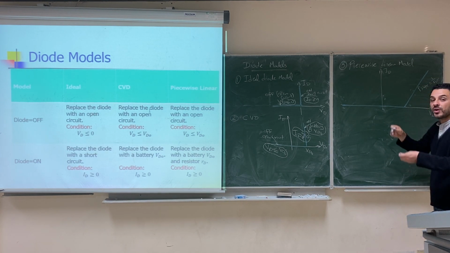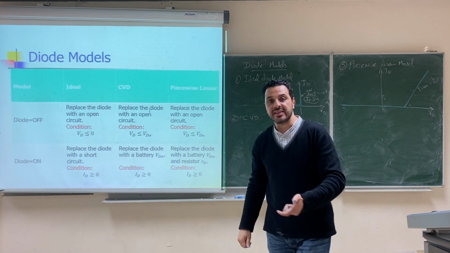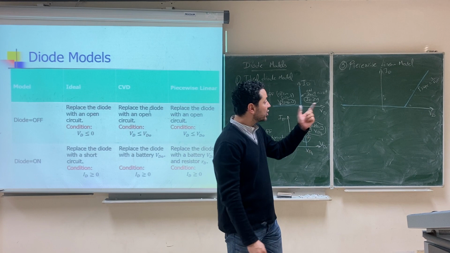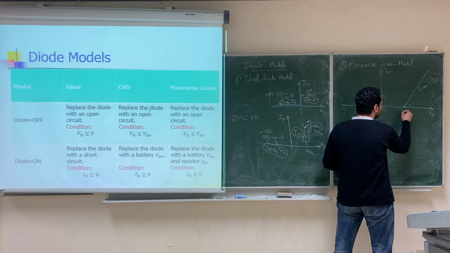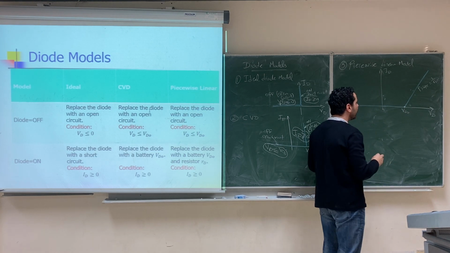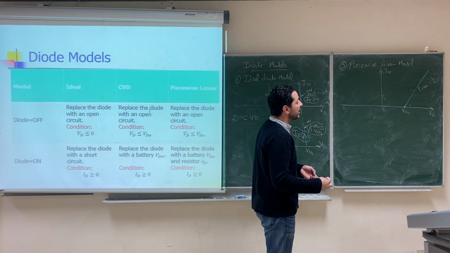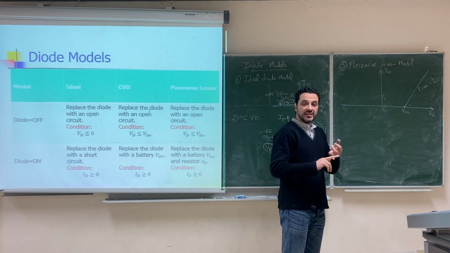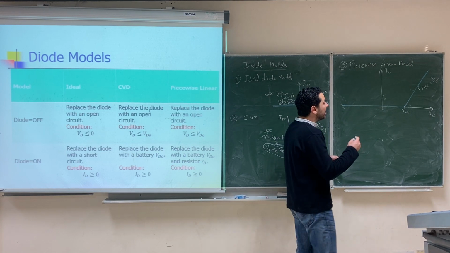Since we have a slope here, we represented the model of the diode using an ideal diode, battery, and resistor. The value here is the battery value VDO, right? This model, which we represented by an ideal diode, battery VDO, and the resistor RD, what does this model imply?